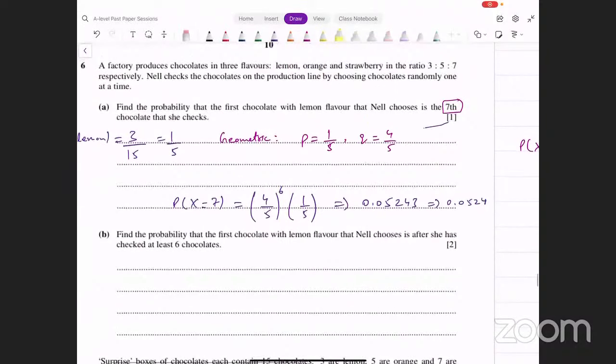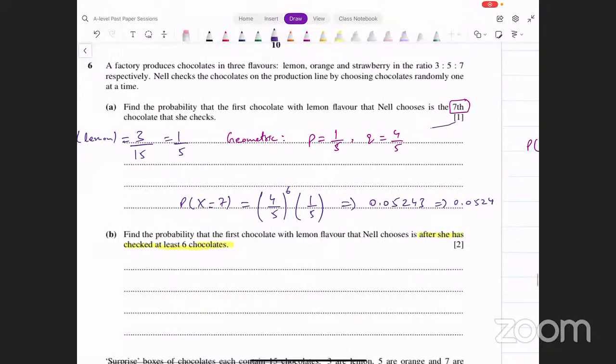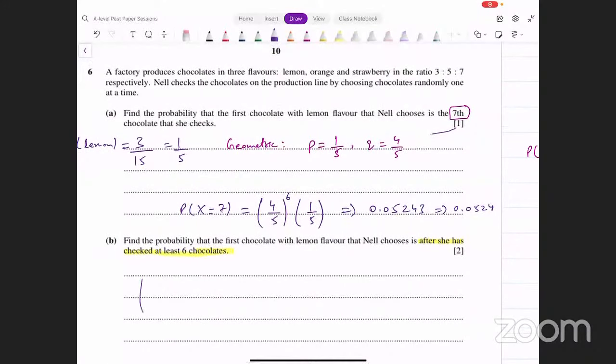So it says after she has checked at least 6 chocolates, after that she will get the first lemon. What does this mean? That the first 6 times she did not get lemon flavor. First 6 times no lemon flavor. So it's just going to be the probability of failure, which is 4/5 raised to power 6. And that's going to give you the result.